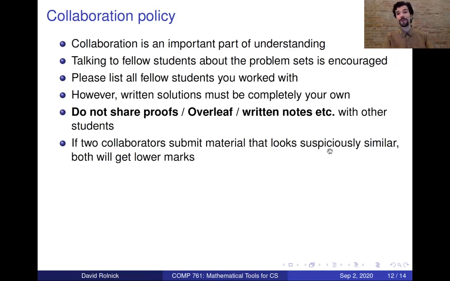And if two people submit something that looks suspiciously similar, I'm afraid both will have to get lower grades on that. But the takeaway from this should be: really collaborate, just don't share written materials. The goal of these problem sets is to learn, so that's why this collaboration policy is the way it is.